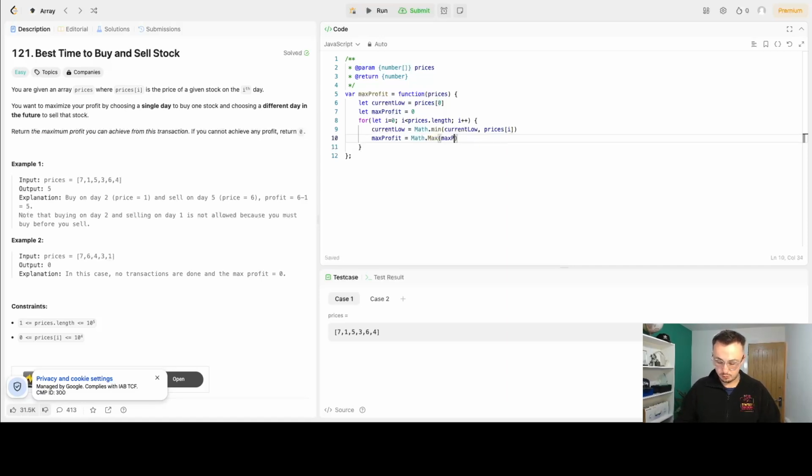Is the current max profit bigger, or is our current price, which is prices[i], minus the current low? Okay, then finally we return the max profit and see if that runs.